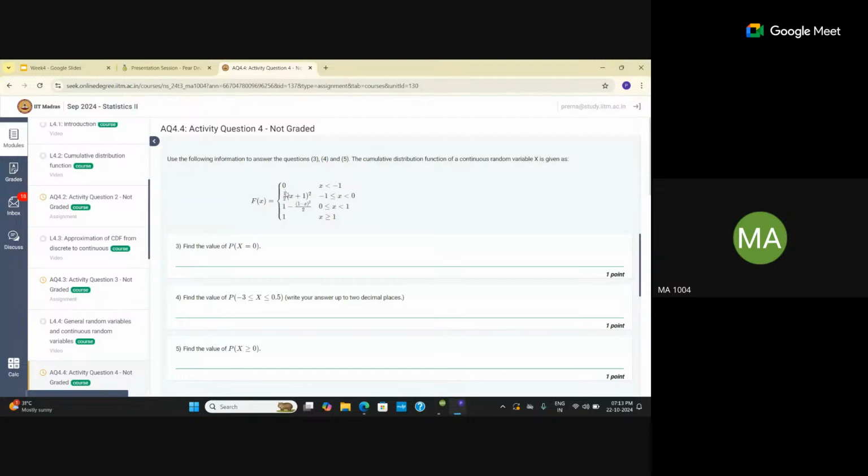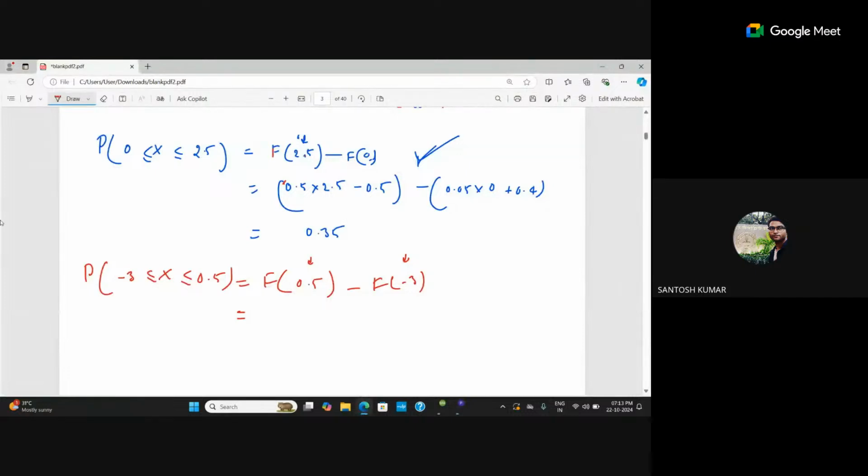And 0.5 will lie in this range, 0 to 1, so you have to put 0.5 in this third expression, 1 minus (1 minus x) whole square divided by 2. So x is 0.5 here, whole square divided by 2, and for -3 it is 0. Now you just need to solve it.